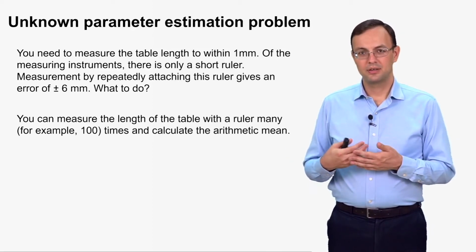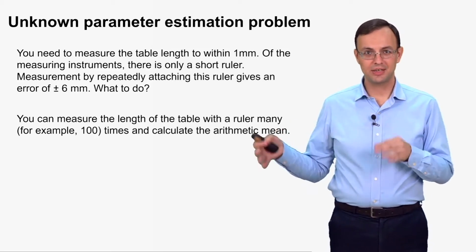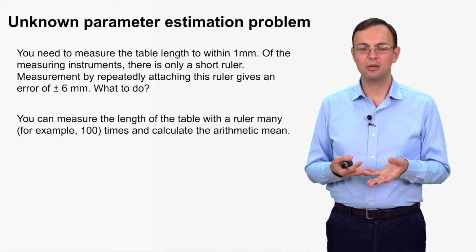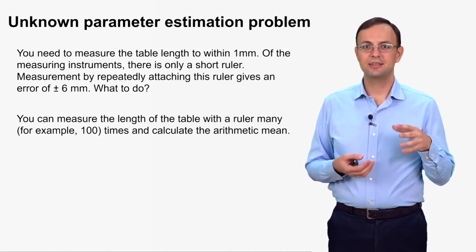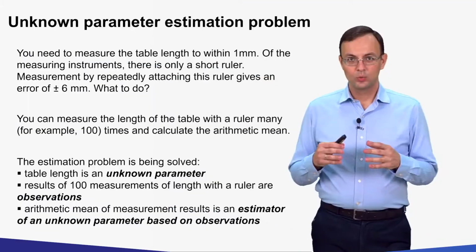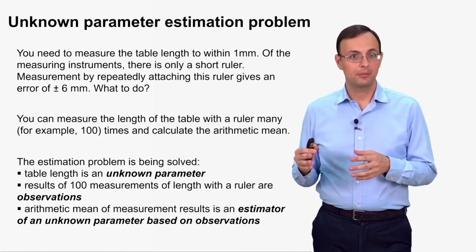So you measure the table length 100 times, you get 100 numbers, and then you calculate the arithmetical mean of these numbers, and you say that this is what I assume to be the table length. What we do here is solving an estimation problem.